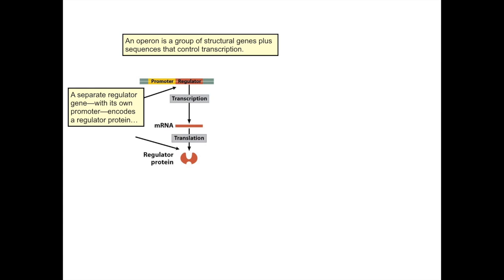An operon is a group of structural genes plus sequences that control transcription. For example, the regulator of the lac operon is transcribed from a separate region of the bacterial chromosome. So this gene has its own promoter and it encodes a regulatory protein.